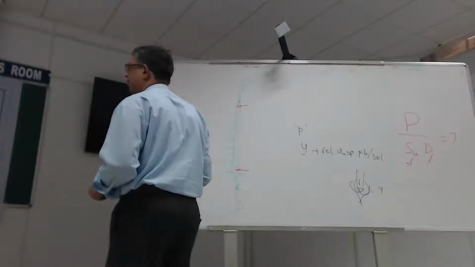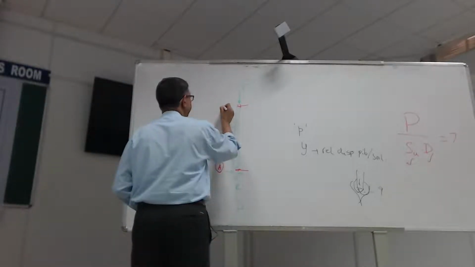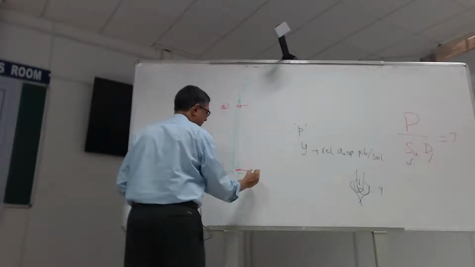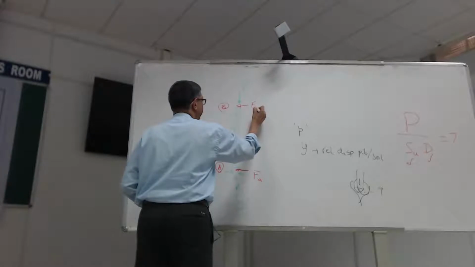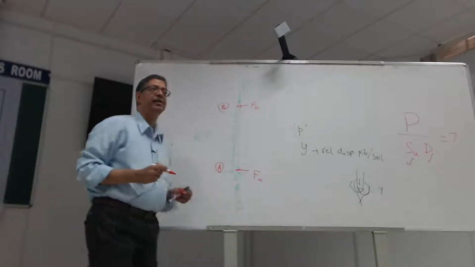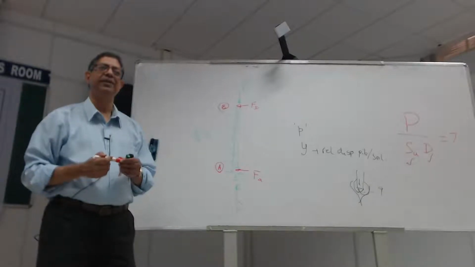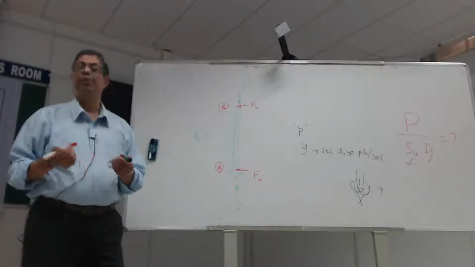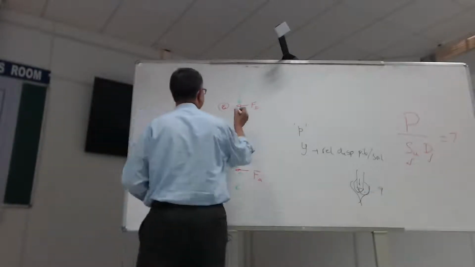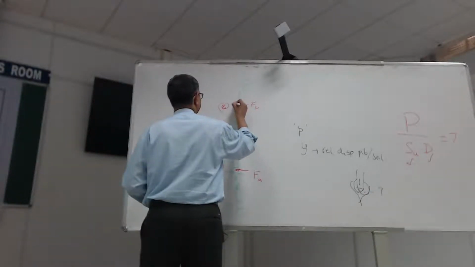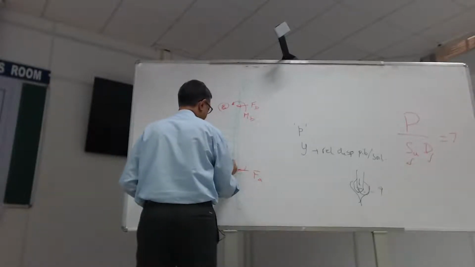I'm going to call this A and that's B. So I'll have a FA and FB. Will this be in equilibrium now? What else is missing? Moment. Right? So we need to apply MA and then MB.